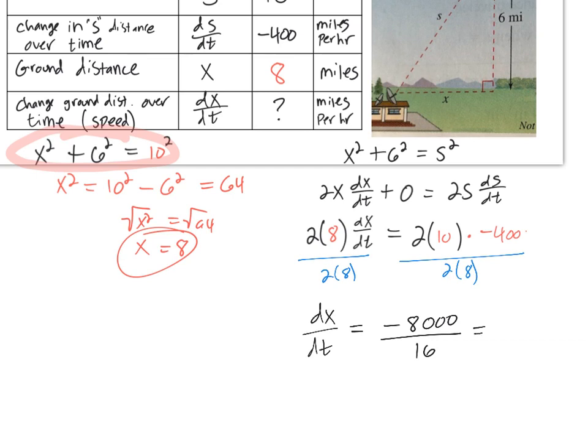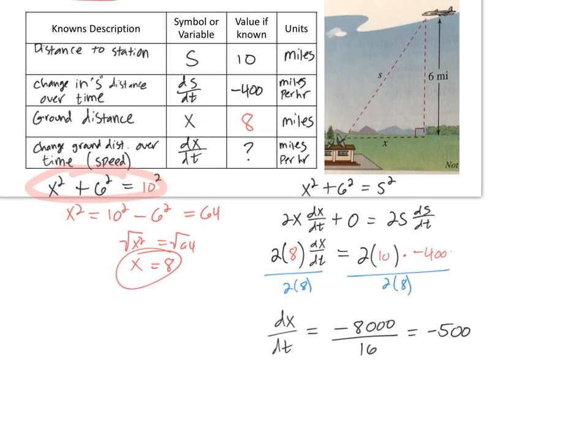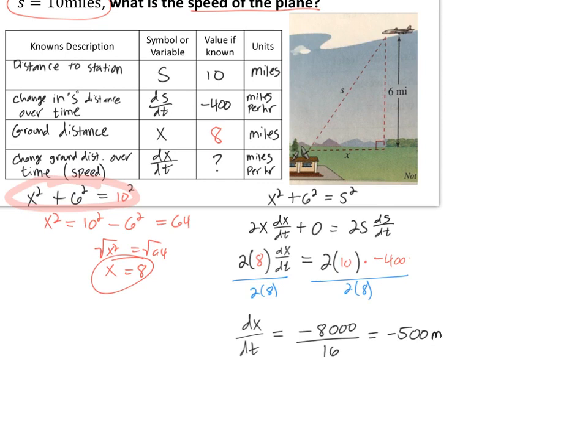I'm going to put this into a calculator just to be extra sure that I get it right, but negative 8,000 divided by 16 is going to be negative 500. And what are the units on this? It's negative 500 miles per hour.